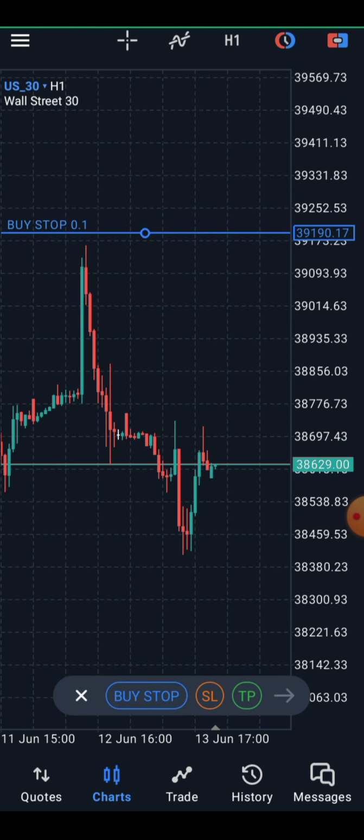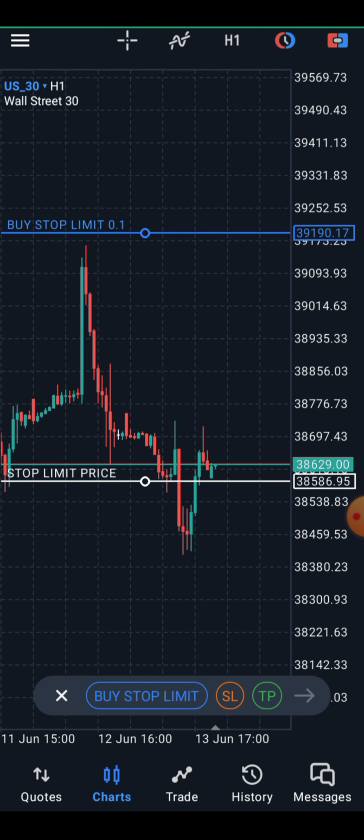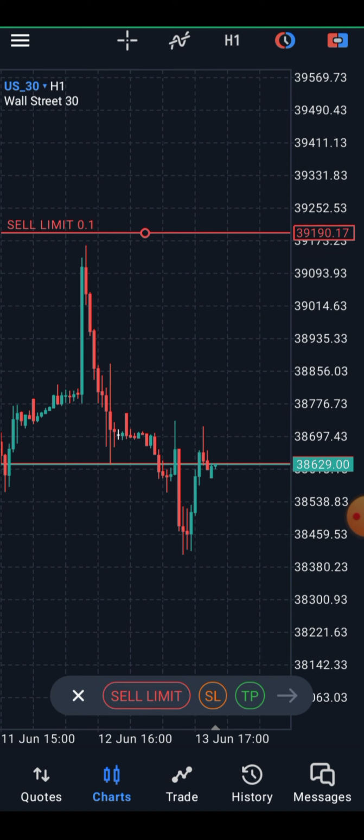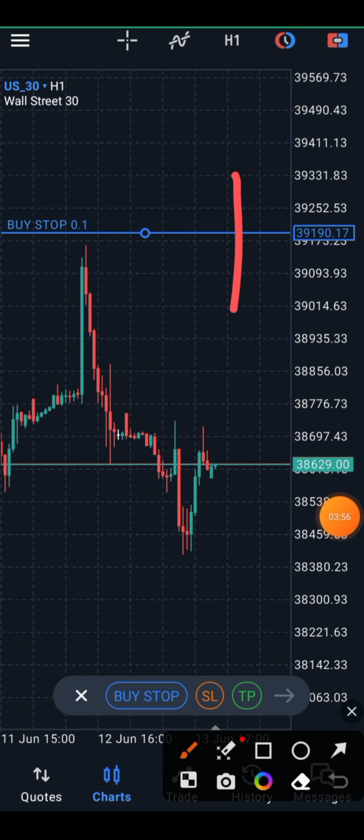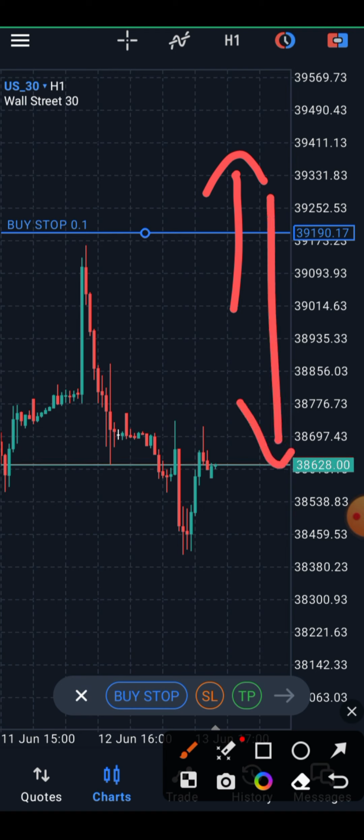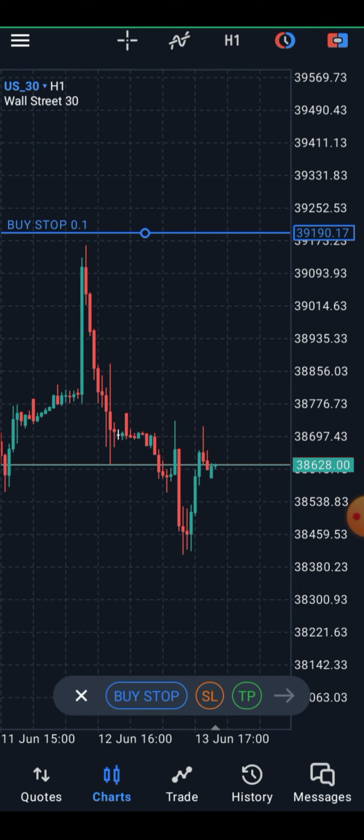What this means is if the trade should move above here, it should activate a buy for you and the trade will keep going. So if this trade keeps going up, you'll be in profit, but if it should start coming down, you will be in loss. Like I said, those will be explained in a separate video.